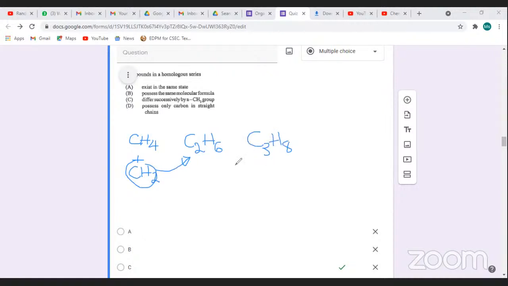What's the difference between this and this? You have to add CH2. Do you see that they differ by CH2? If you add a C to CH2, you get CH3, and if you add 2 hydrogen, you get C3H8. So that's why the answer is C.